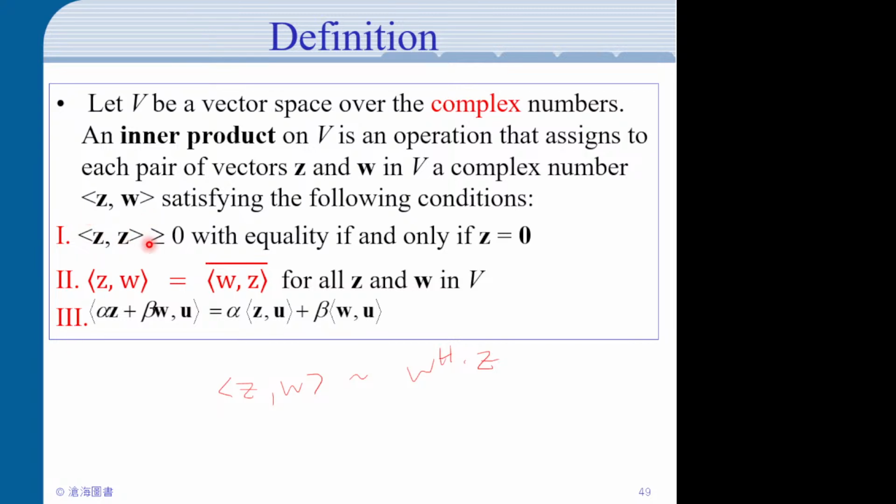It still gives us a norm, because that's how we derived it, but the symmetry is broken between z and w, because w has the complex conjugate.